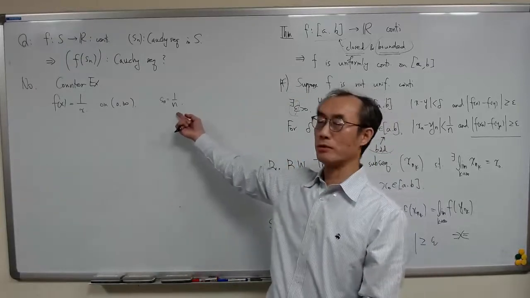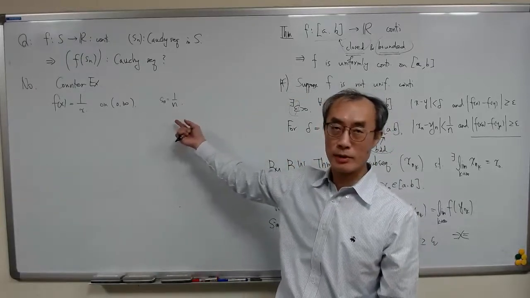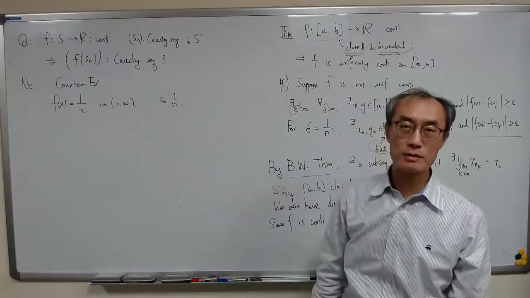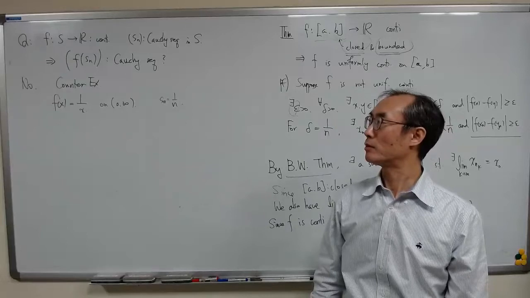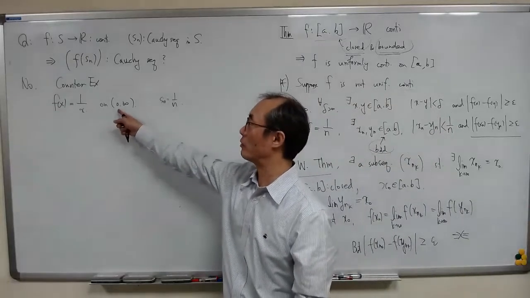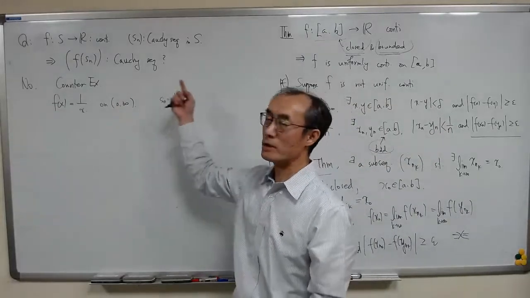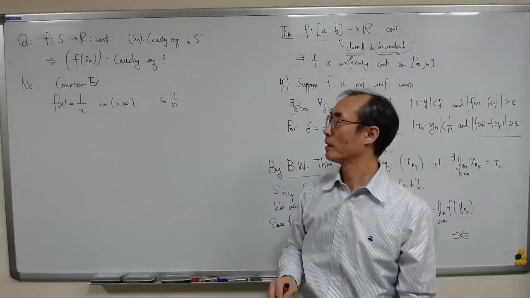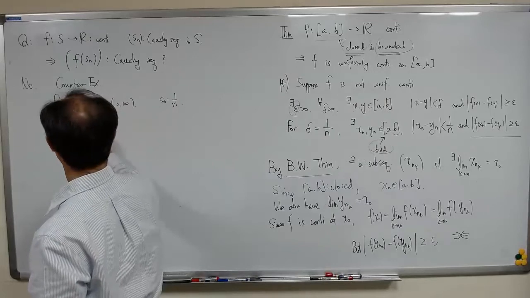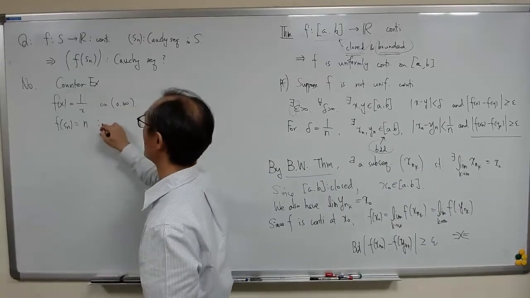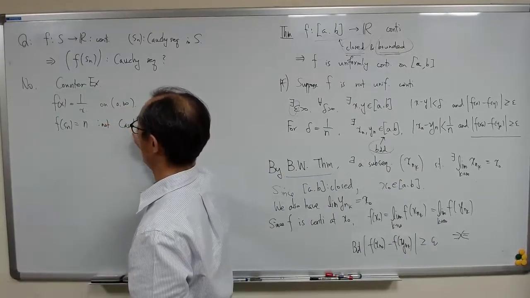Then this is a Cauchy sequence, right? A convergent sequence is a Cauchy sequence. Although the limit gets outside of the domain, the sequence itself is a Cauchy sequence. And f of Sn is simply n, which is not a Cauchy sequence.